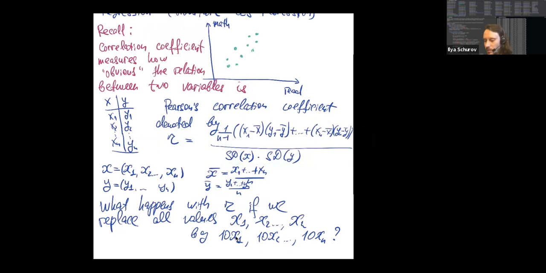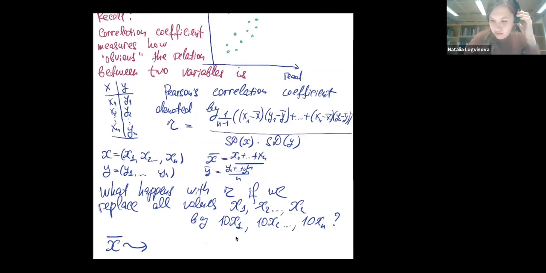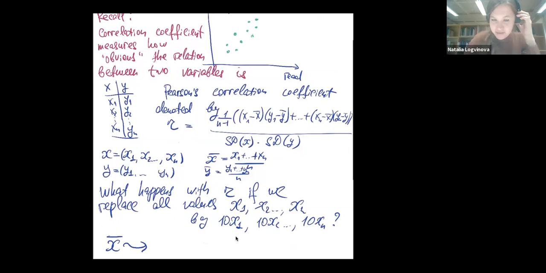So first of all, what happens with x bar? If I replace x1 and so on xn by 10 x1, 10 x2, and so on 10 xn, what happens with x bar? It is bigger. How much bigger? 10 times, yeah, exactly.